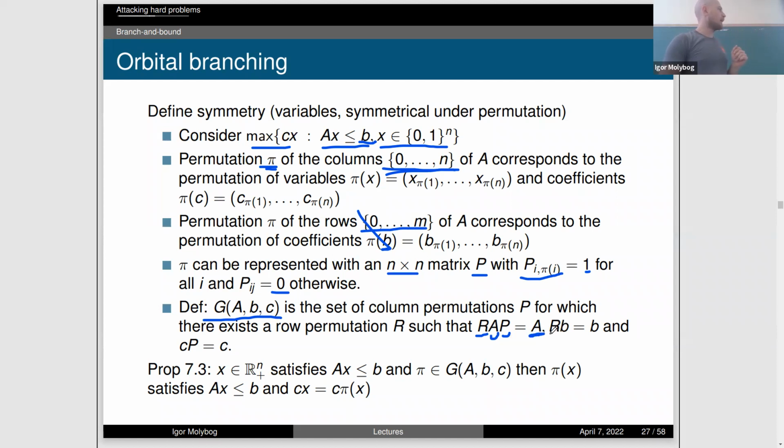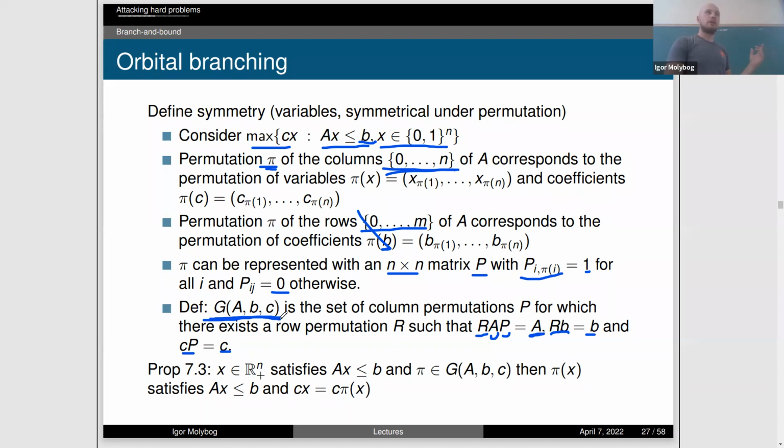And the same way, the permutation of rows does not change the vector B, the right hand side, and the permutation of columns does not change the vector C. Basically, it's a set of permutations. So G is a set of permutations that do not amend your problem at all.